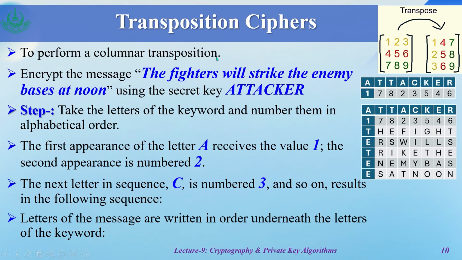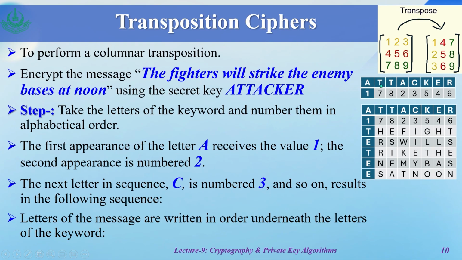To perform columnar transposition, we encrypt the message as shown: the fighter will strike the enemy base at noon, using a secret key, attacker. We have some steps to perform this function. Take the letters of the key, like attacker.